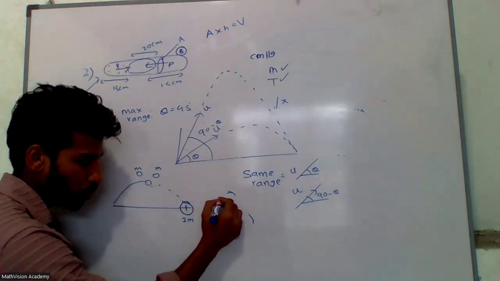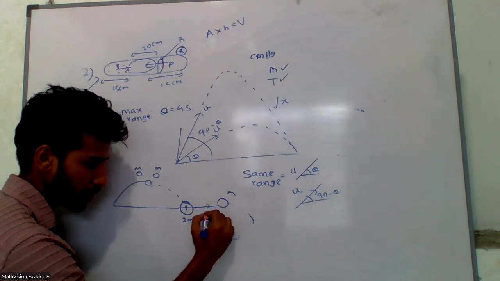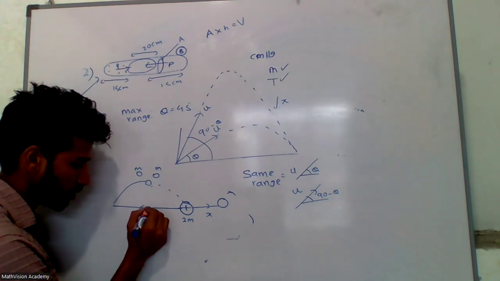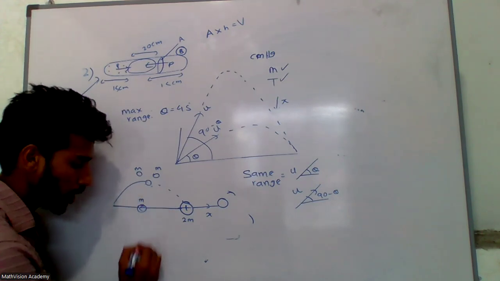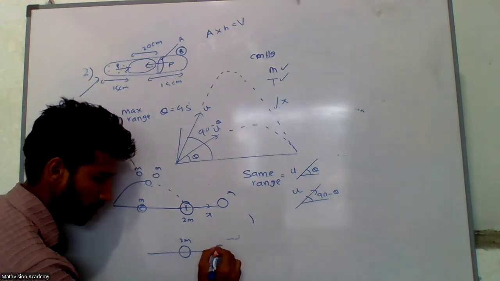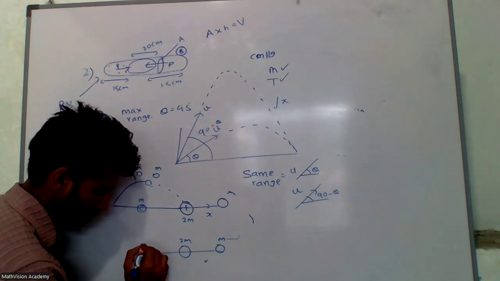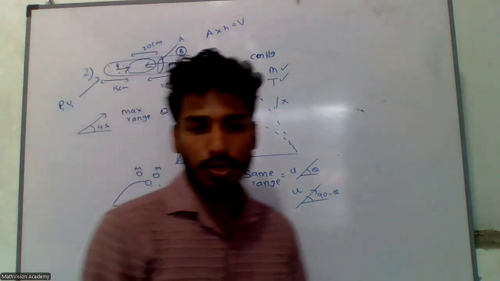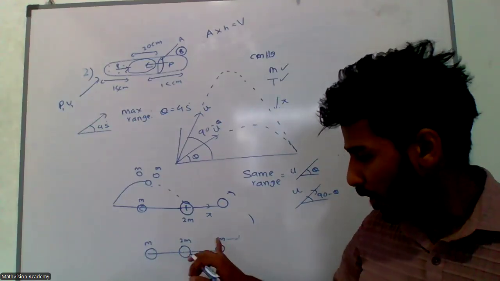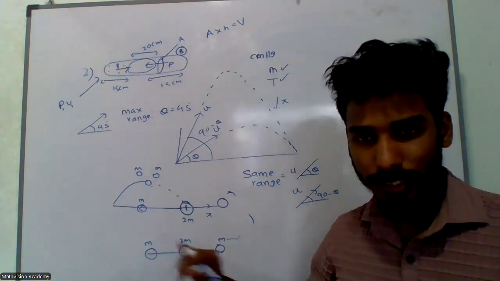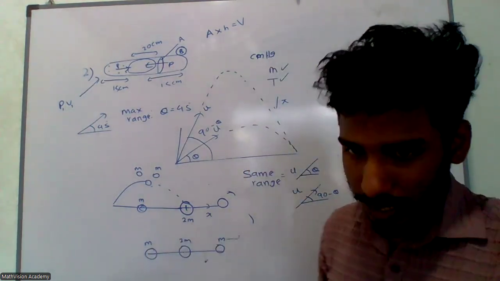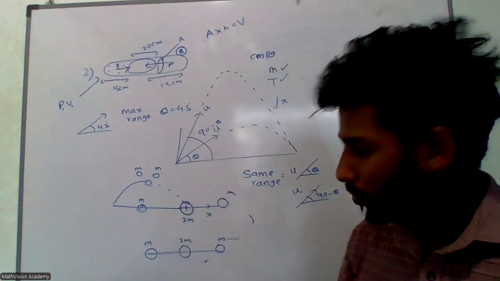Now this mass, let's say it moved a distance x. If they ask me to find the distance of the other, you can use the center of gravity equations. You can use the moment equation to find it. Taking moment about him, M into x is equal to m into x. Okay. So you might not understand this. In the mechanics division, I'll say it in detail. Just for the exam, just remember this.